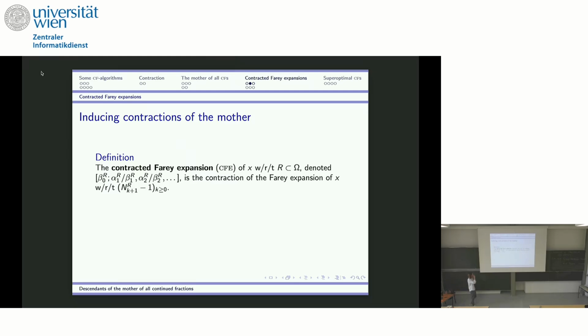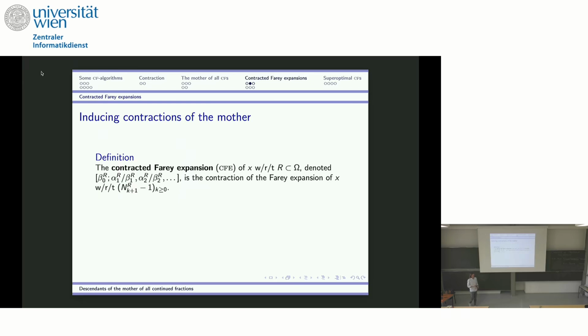Okay. So now we come to our definition of contracted Farey expansions. The contracted Farey expansion of a point x with respect to a measurable subregion R of the domain, which we will denote with these superscripts R, is just the contraction of the Farey expansion of x with respect to this subsequence that we've picked out from the forward orbit entering R. So we start with this Farey expansion, and then we produce a new continued fraction expansion, this contracted Farey expansion, whose convergents are a subsequence of the original convergents.